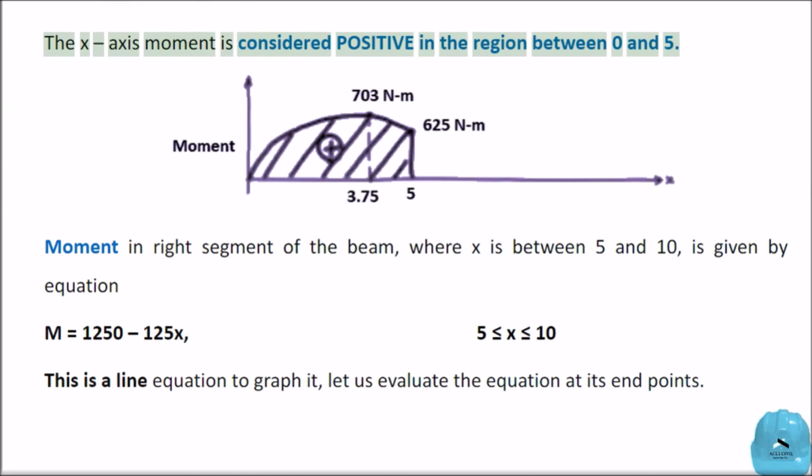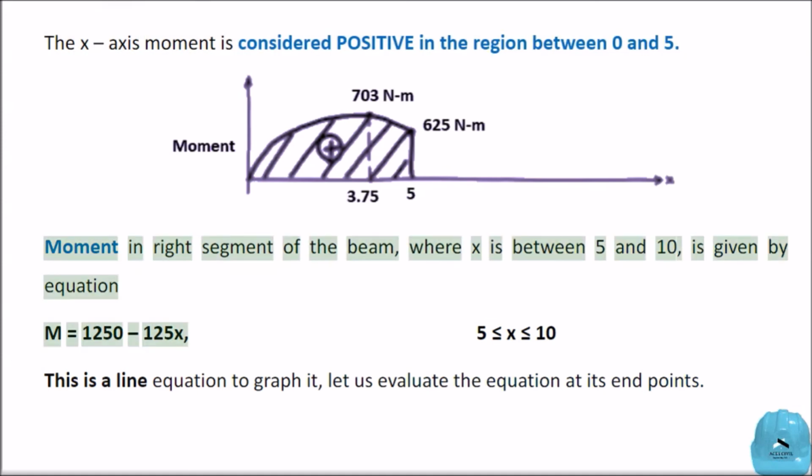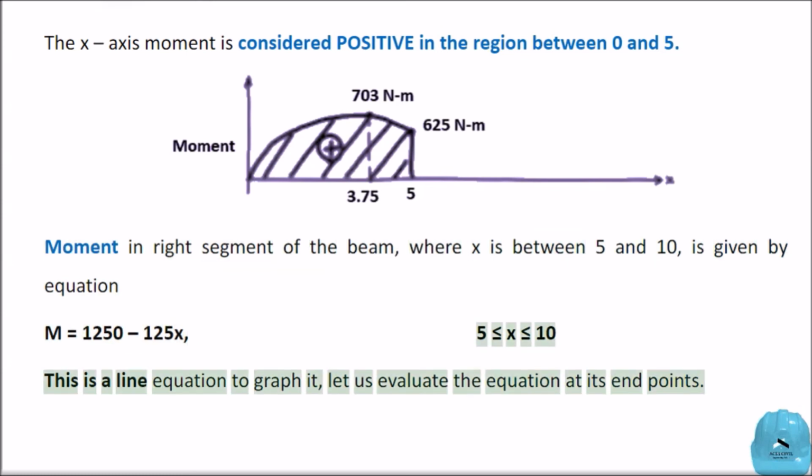The moment is considered positive in the region between 0 and 5. Moment in the right segment of the beam, where x is between 5 and 10, is given by the equation M equals 1250 minus 125x, 5 ≤ x ≤ 10. This is a line equation. To graph it, let us evaluate the equation at its end points.